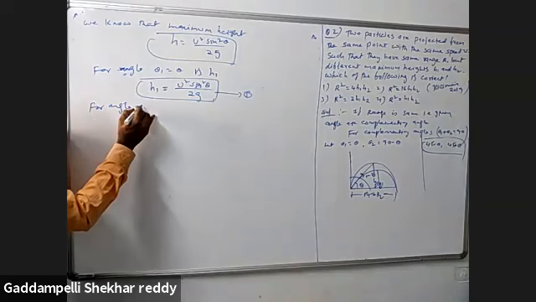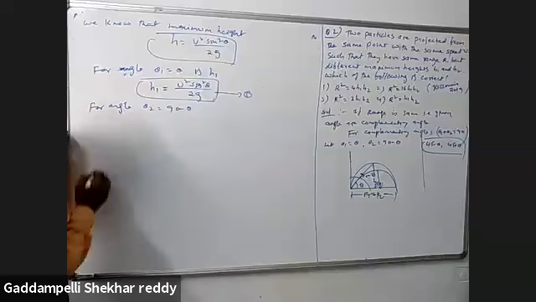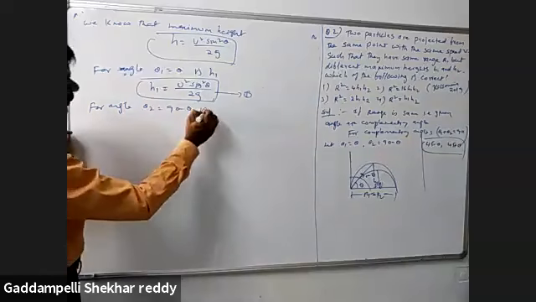For angle theta 2 equal to 90 minus theta, this is height h2.